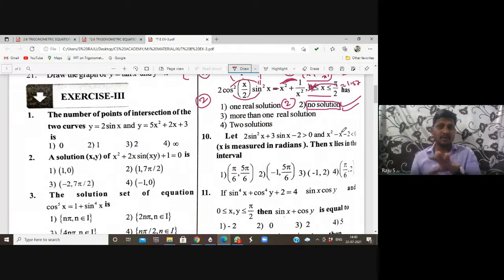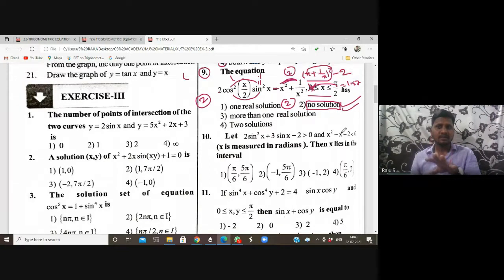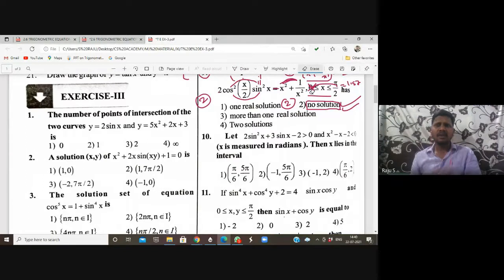Students, do you understand this? It's a very logical question. No need to solve anything. Is it clear? Take any value from 0 to pi by 2, substitute here, and the right side gives a minimum value of 2.